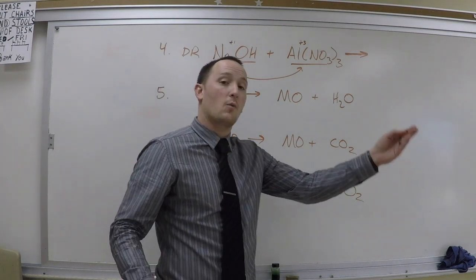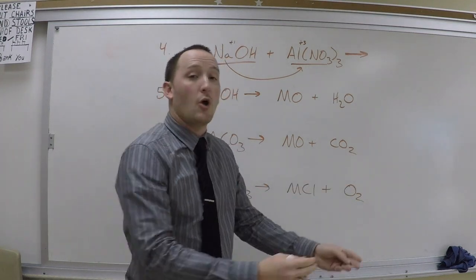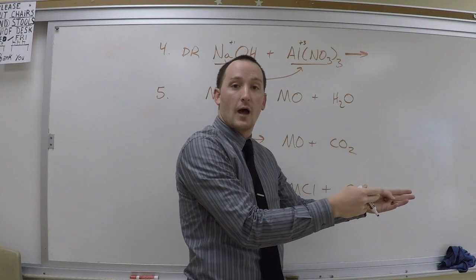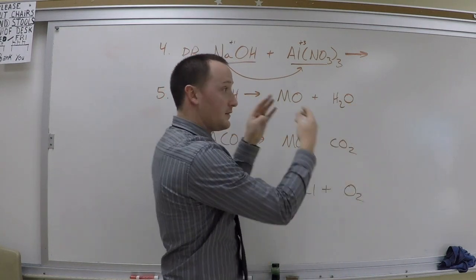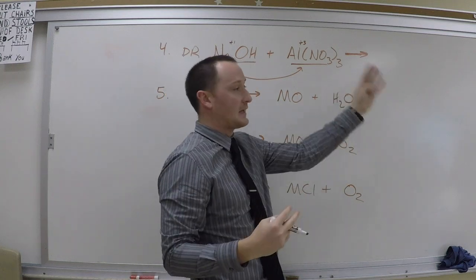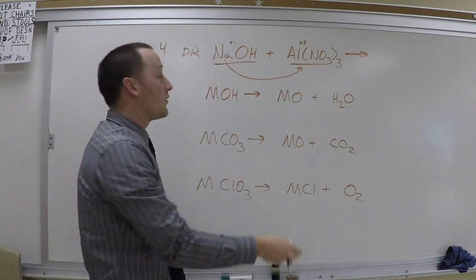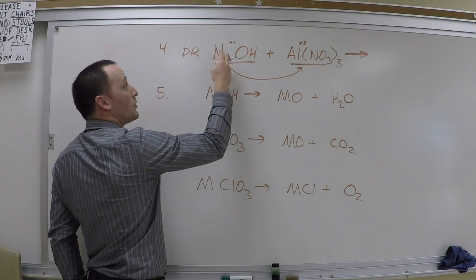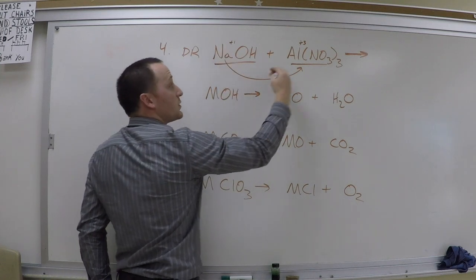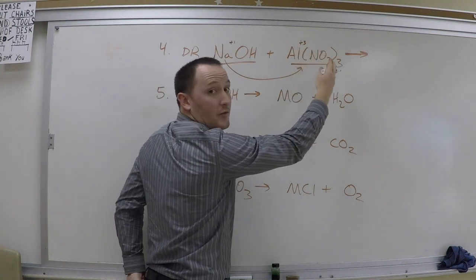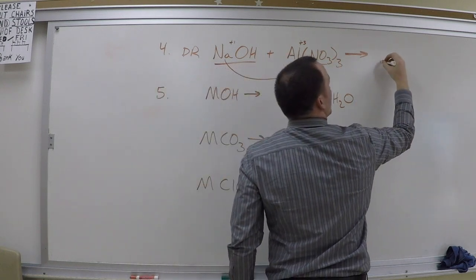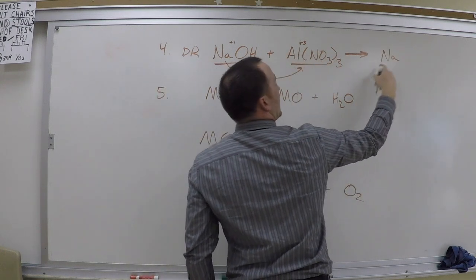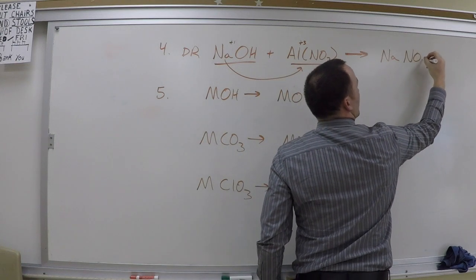If there was a girl that I wanted to go dance with, I wouldn't go and tell the girl to leave so I could dance with another guy. I would go, ask the guy to leave, I'd kick out the guy, I'm a guy, I kick out the guy, and then I can dance with the girl. Same thing happening here. Sodium is positively charged, so it's going to come in, kick out the other positively charged ion, and create NaNO3.